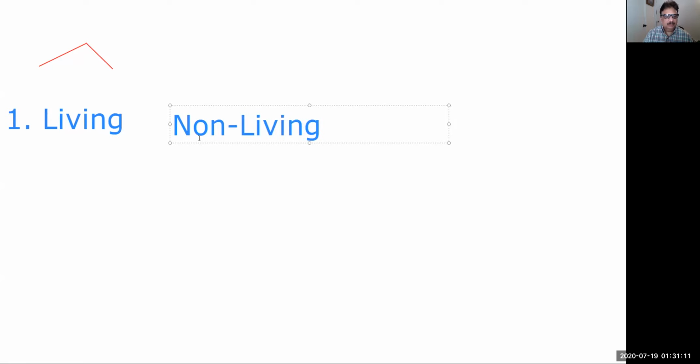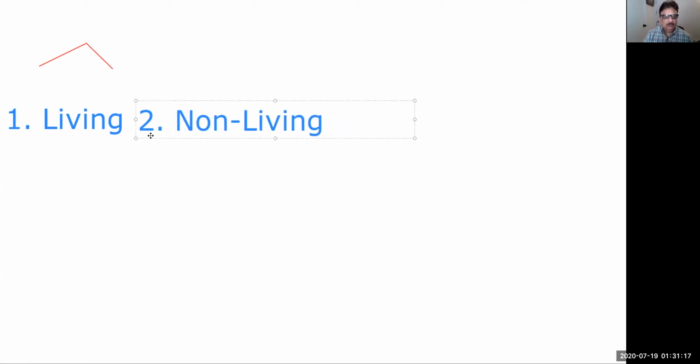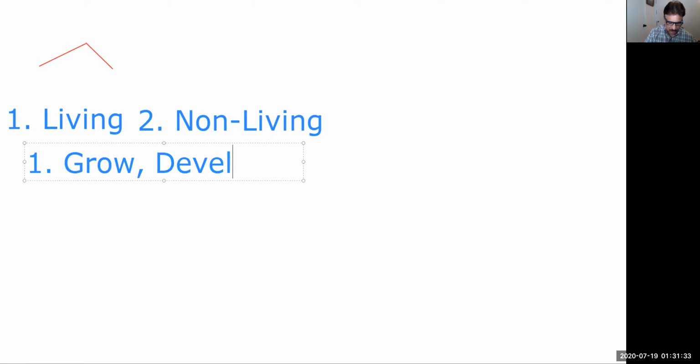So what could be the biggest property of a living thing? The major properties of a living thing would be, number one, to grow, to develop, and differentiate.